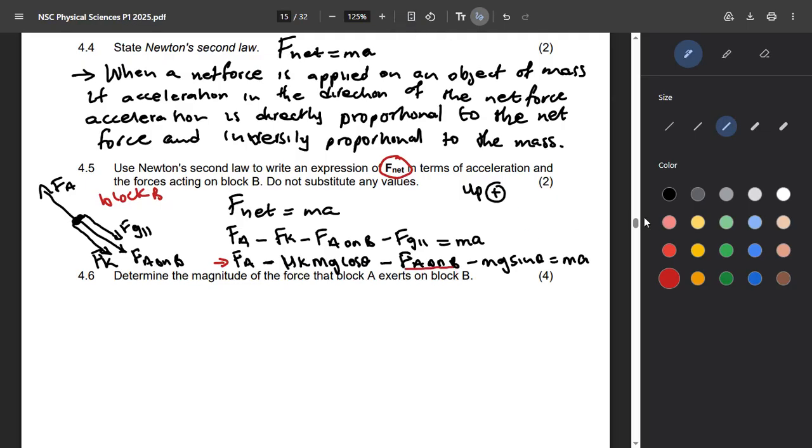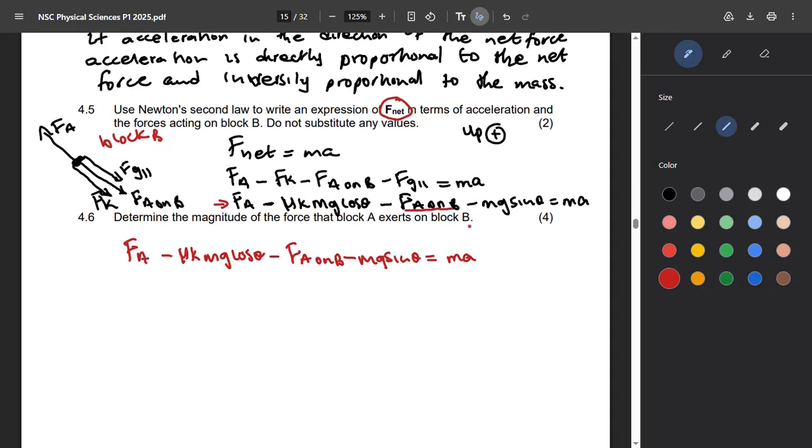So I'm going to rewrite this force down and say my FA minus UK mg the cos of theta, we subtract FA on B minus mg the sine theta, this is equal to MA. Perfect. So now when it's like this, I'm going to do my substitution.